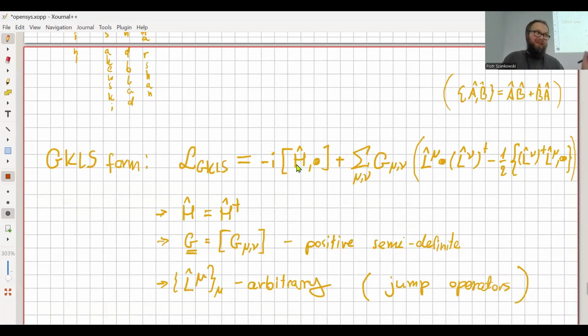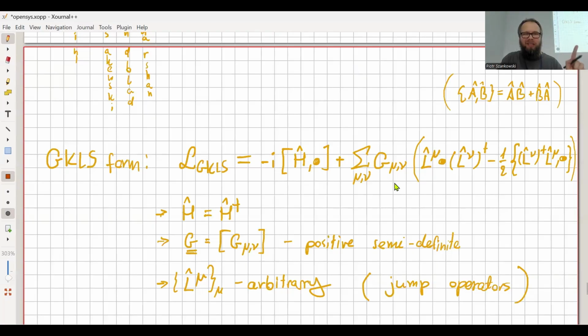So we got this guy. Then there's the other term where you have a sandwich and 1/2 of the anti-commutator of jump operator dagger times jump operator, and there is a matrix G, which is supposed to be positive semi-definite. So we have our Davis generator.